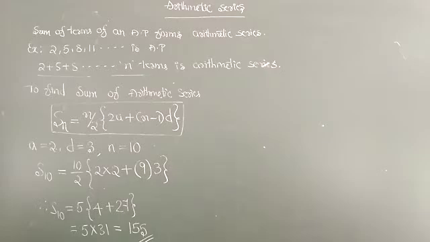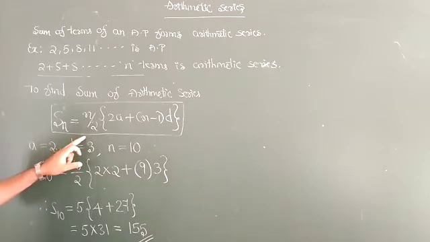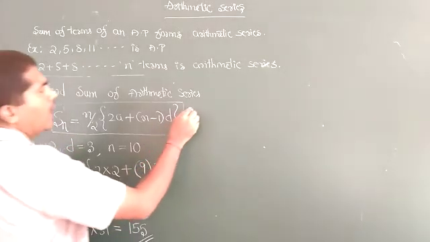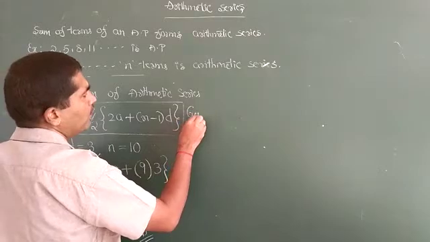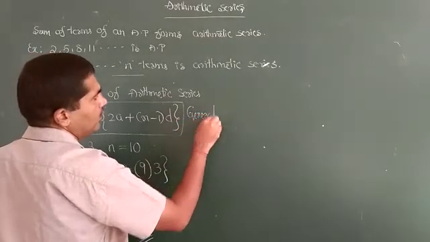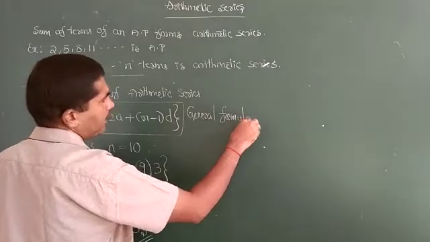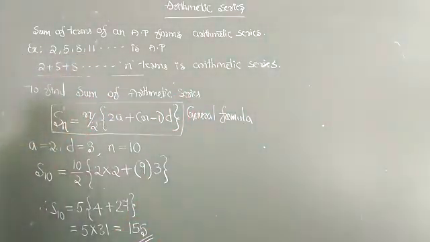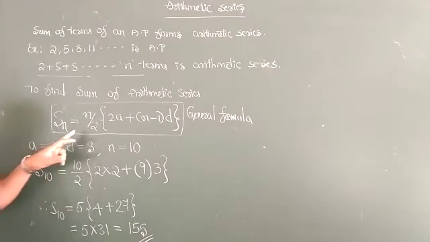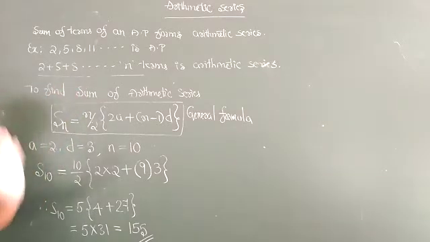Now Sn equal to n by 2 into 2a plus n minus 1 into d. This is said to be the general formula to find the sum of an arithmetic series. By using this general formula, you can easily find the sum of an arithmetic series.